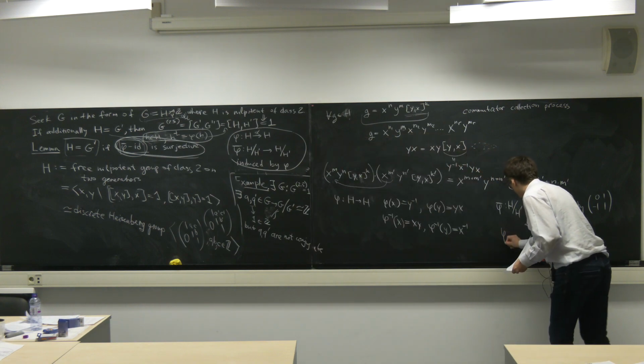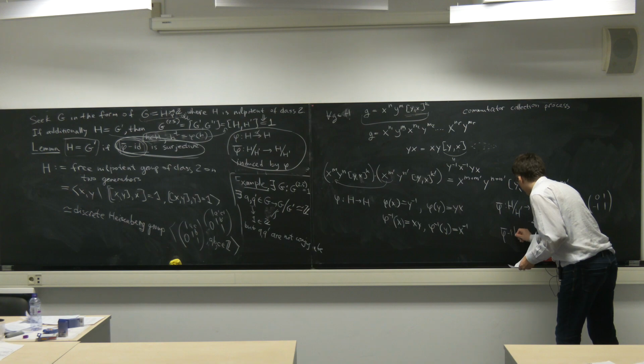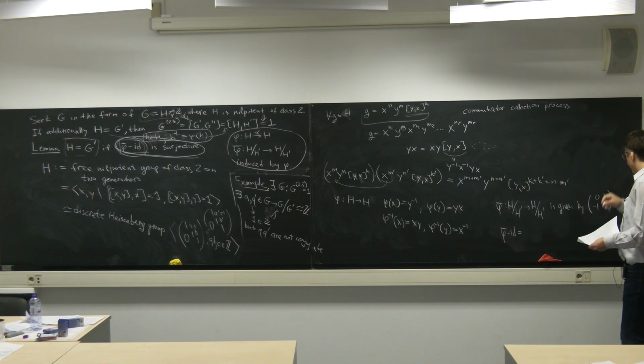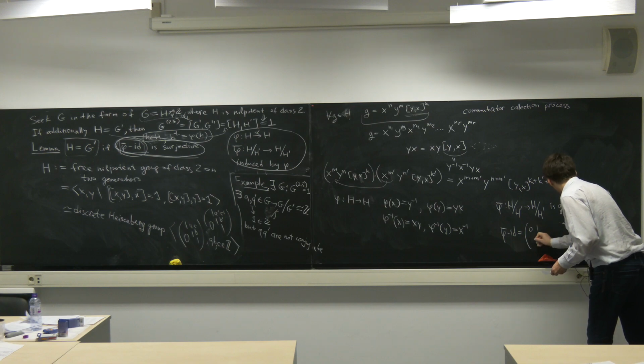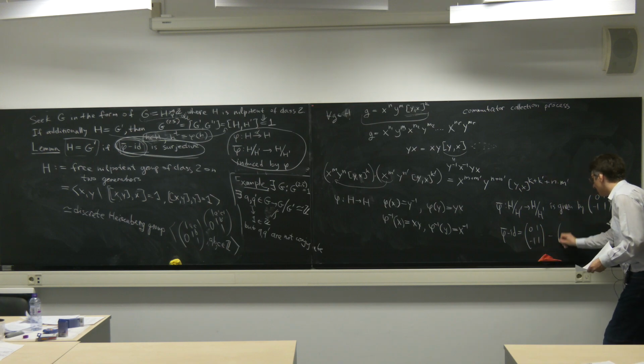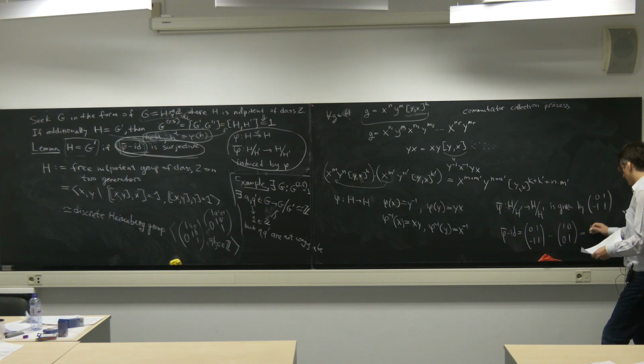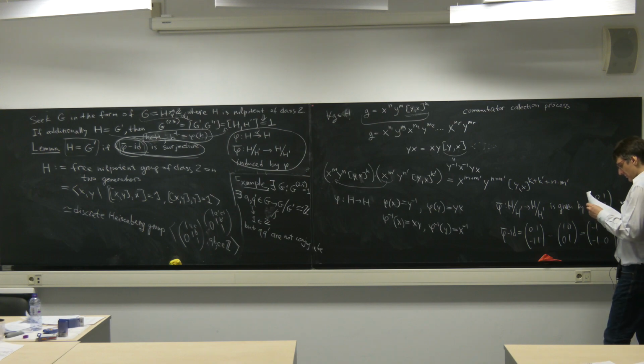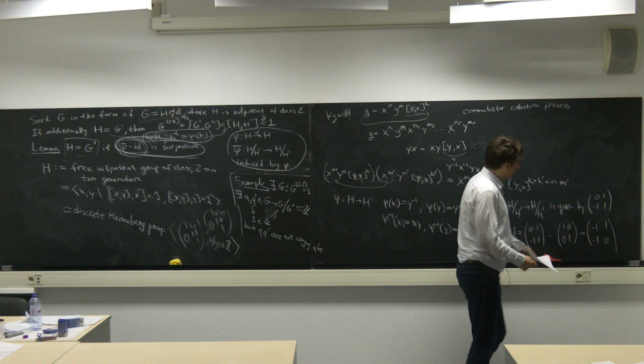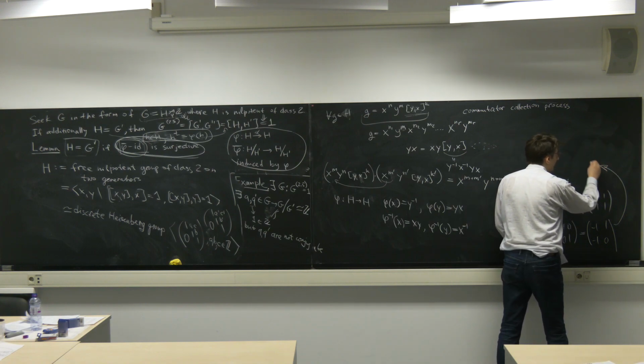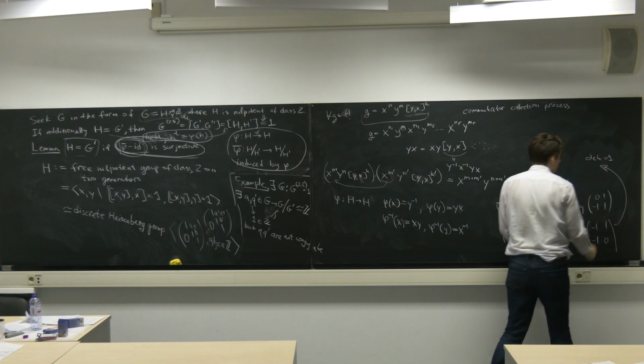If you subtract the identity from phi bar, you get (-1, 1; -1, 0), which is non-singular. Its determinant equals 1. So it is surjective.